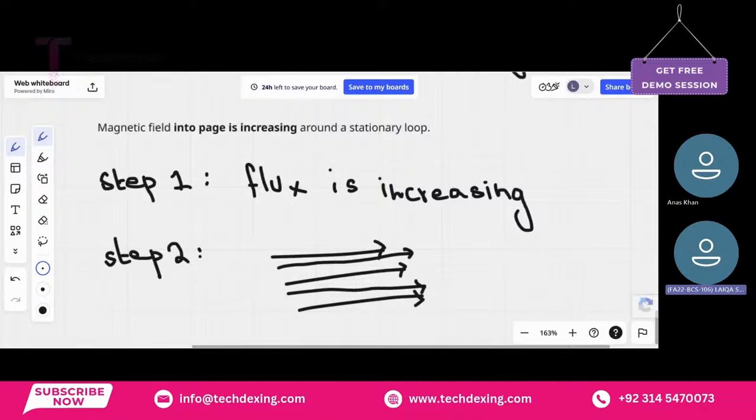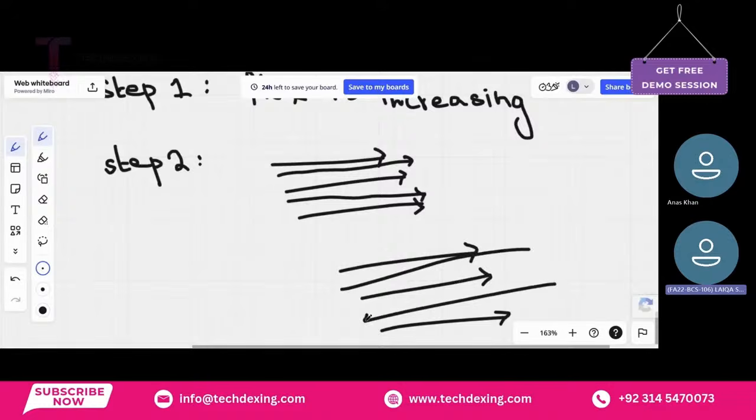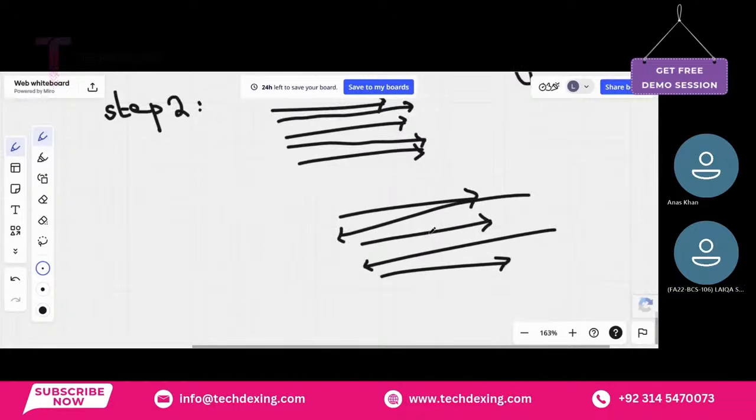But our system wants to decrease the flux, not increase it, because it is already increasing. So if the magnetic field is into the page, it will create an induced magnetic field which will be out of the page, so that when they are in opposite directions, the overall flux decreases.